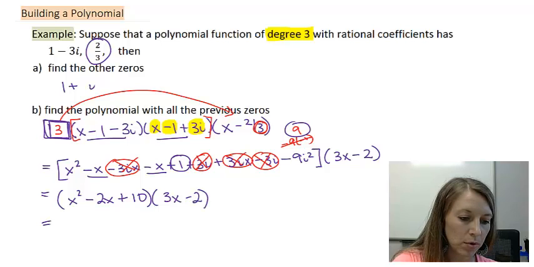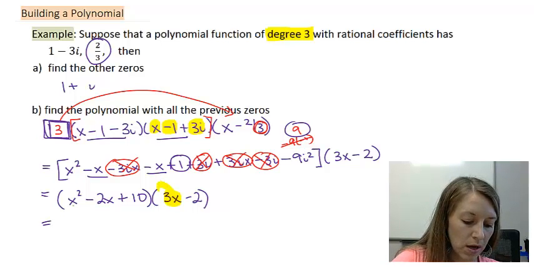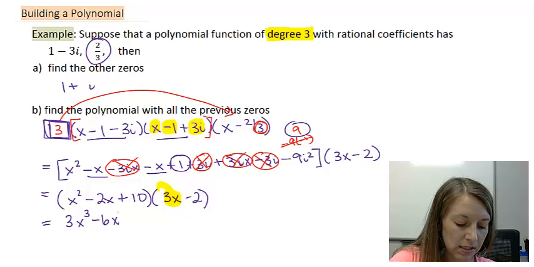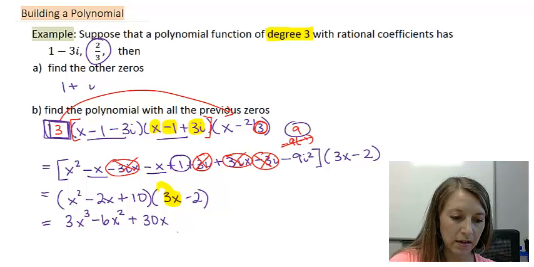So let me distribute the back pieces through the front again. I'm going to take this 3x through. x squared times 3x gives me a 3x to the third. Negative 2x times 3x gives me negative 6x squared, and 10 times 3x gives me a 30x.